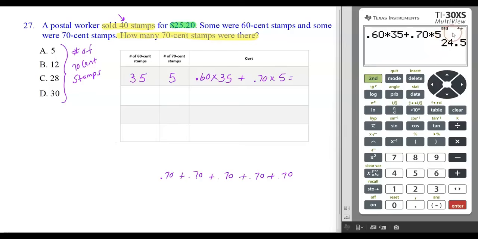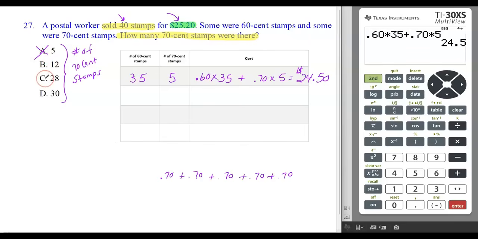And that equals $24.50. Write that here. $24.50 does not match up with the total cost of $25.20, so A is gone.